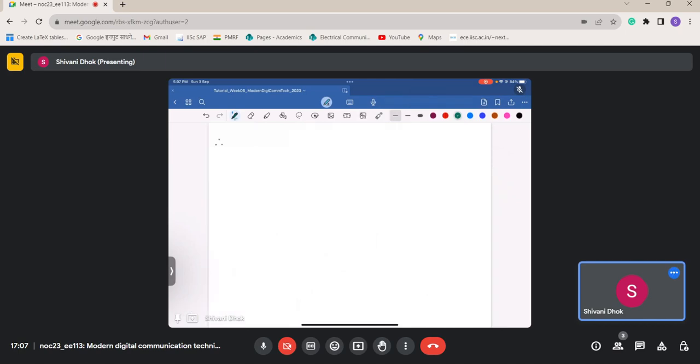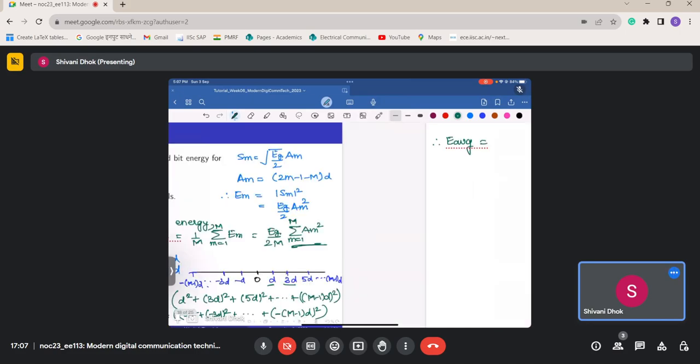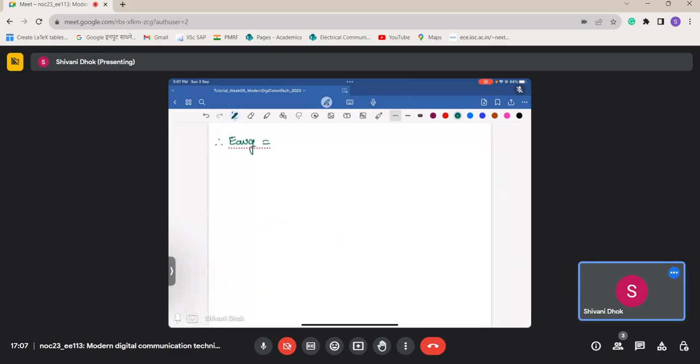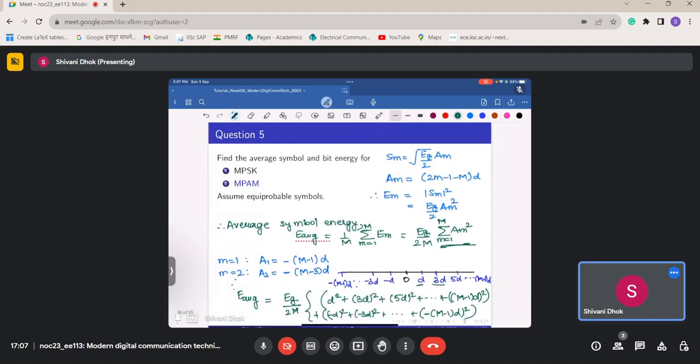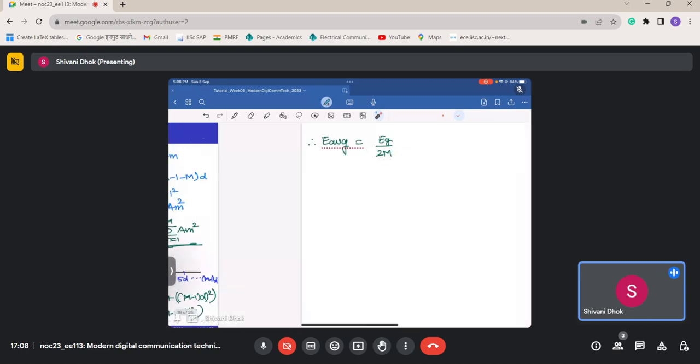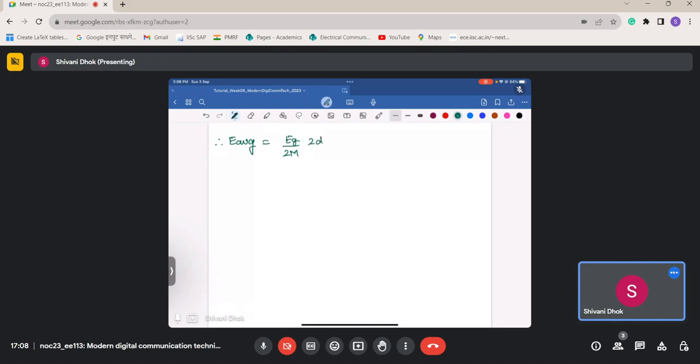So therefore E average is equal to this summation, which is Eg upon 2M. Now if we observe carefully, these two summations are the same, and this d square is common, so I can write this as 2d square inside the bracket, 1 square plus 3 square plus 5 square and so on till (M minus 1) square.